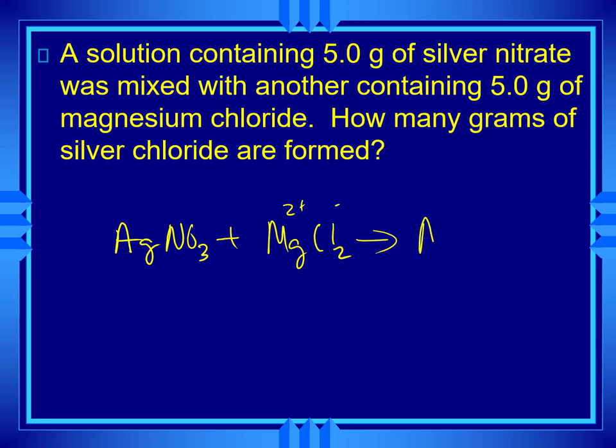So the Ag is going to end up next to the Cl, and the Mg is going to end up next to the NO3. Ag is 1 plus, Cl is 1 minus, that's okay. Mg is 2 plus, NO3 is 1 minus, so I need 2 of those. So to balance it, I got 2 chlorines, got to put a 2 in front of silver chloride, which gives me 2 silvers, so I got to put a 2 in front of silver nitrate, which is balanced.